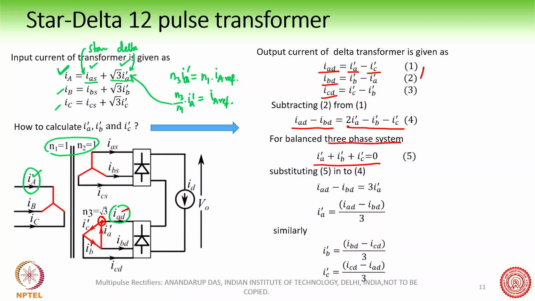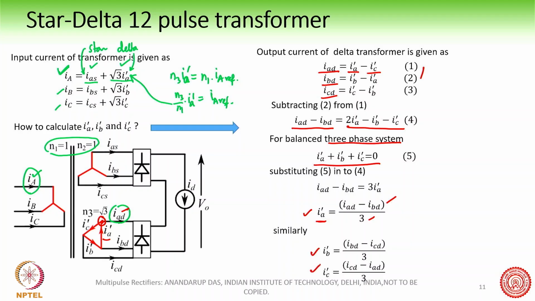And so substituting 5 into 4, what we get is that IA dash, this current we are trying to find out, is IAD minus IBD divided by 3. So basically we are expressing these currents IA dash with respect to the delta output currents. So we get IA dash, IB dash and IC dash.